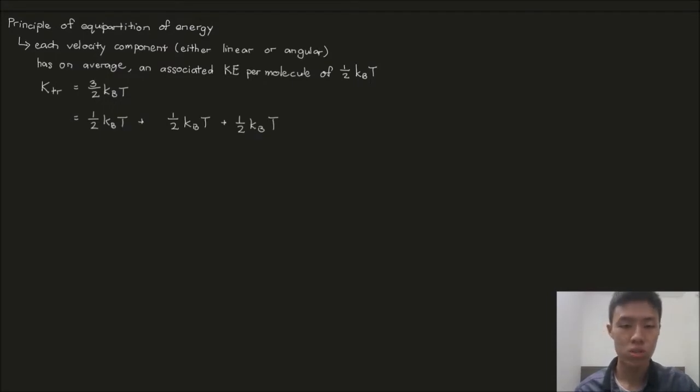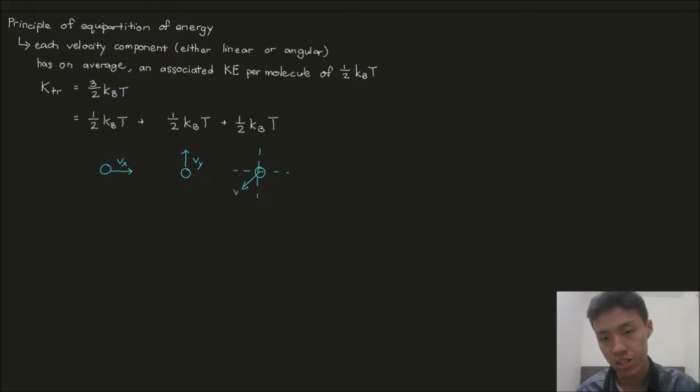So let me use some drawing to illustrate what I'm trying to say. You have a particle, and this particle has the ability to move to the left. At the same time, this particle has the ability to move upwards or downwards, which is the y direction. And lastly, it has the ability to move in the z direction.